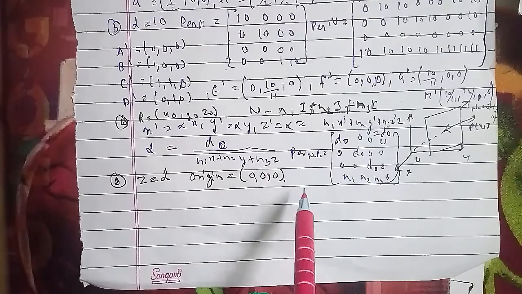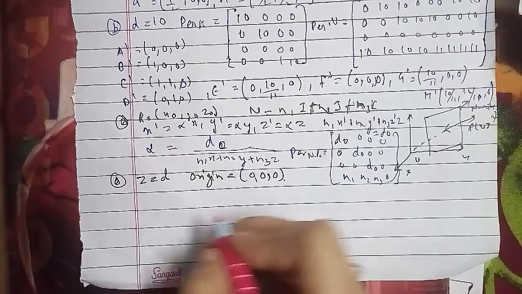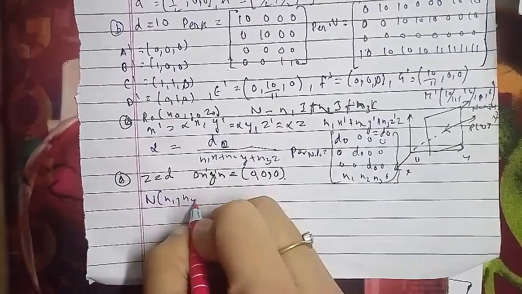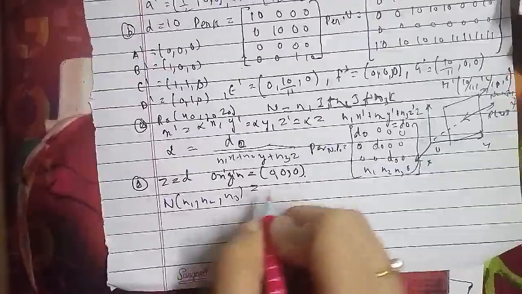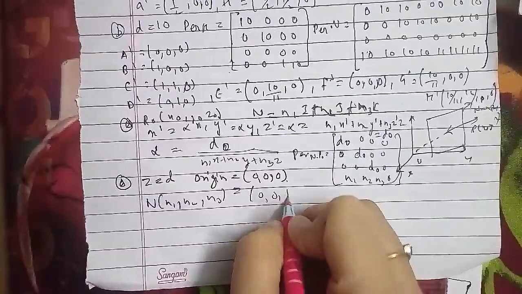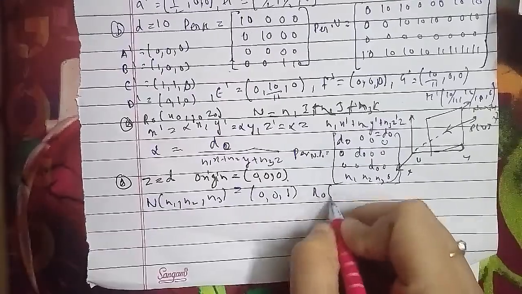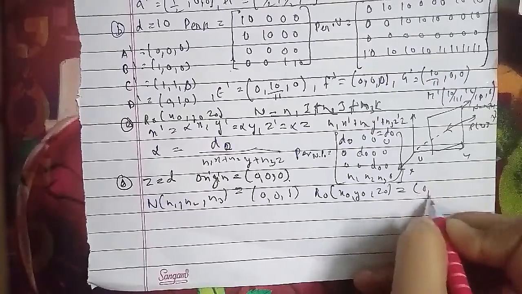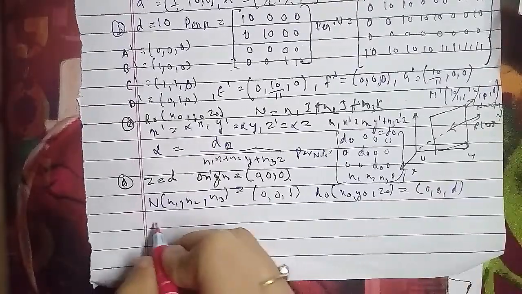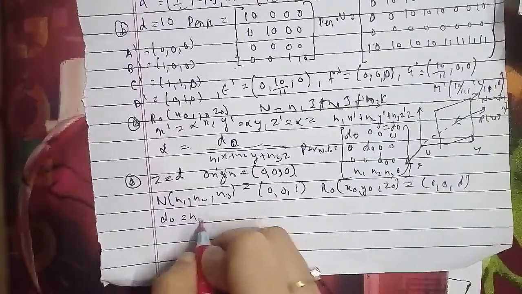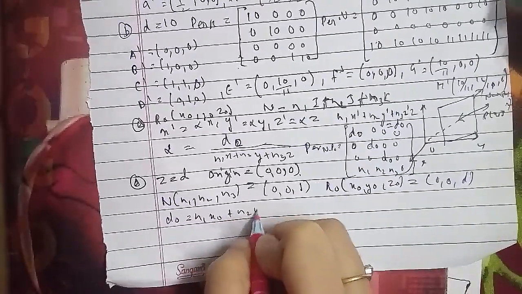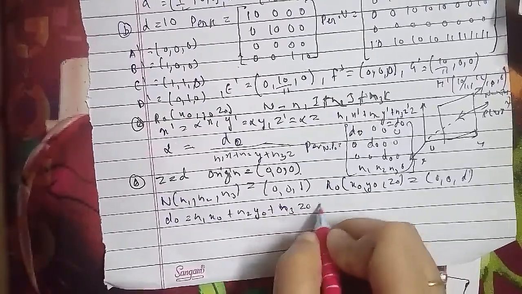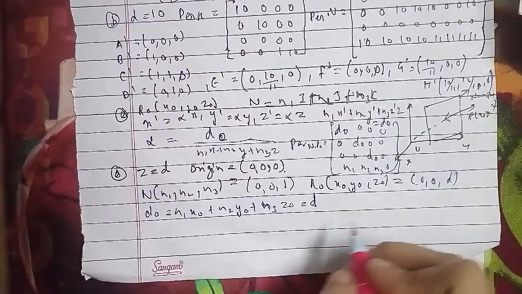So n1 n2 n3 equals 0 comma 0 comma 1, and r0 x0 y0 z0 equals 0 comma 0 comma d, where d0 equals n1 x0 plus n2 y0 plus n3 z0, which equals d, and then the projection matrix we have here.